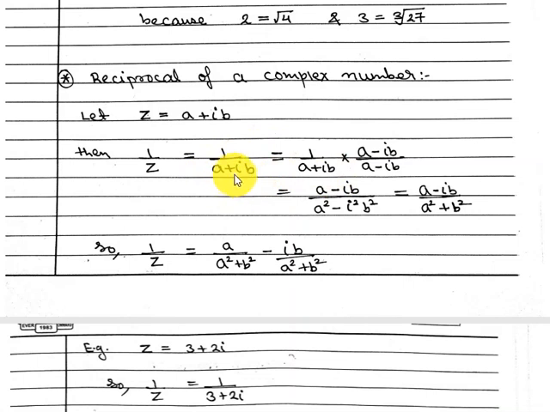Here you can see it's plus, so we will multiply by a minus ib and divide by a minus ib. That's how we can rationalize.